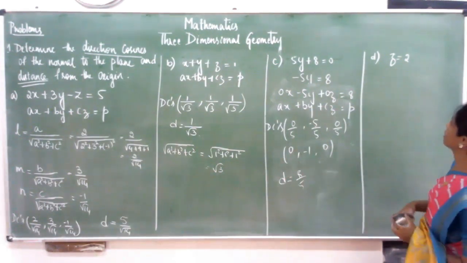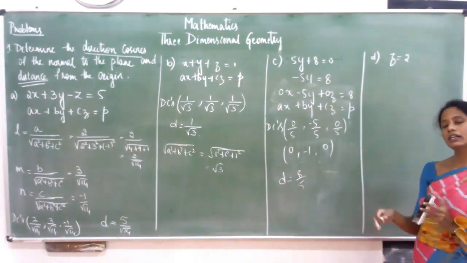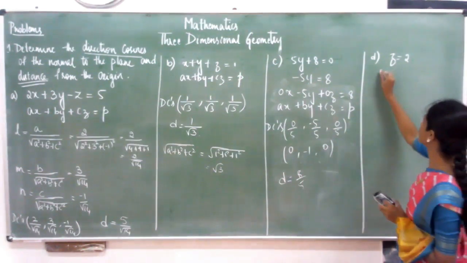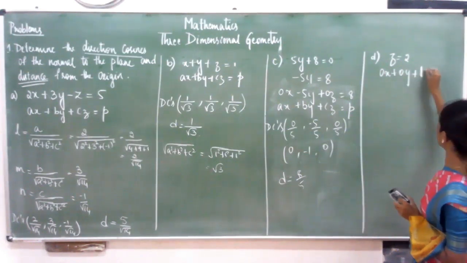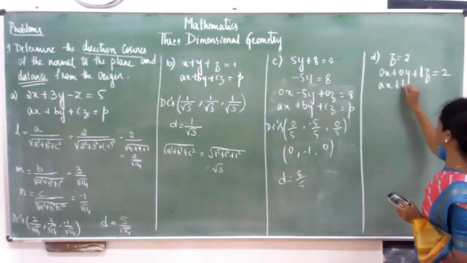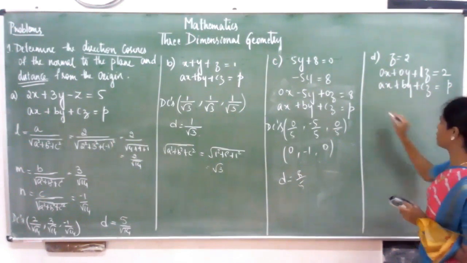Next problem, here if you see, you have only the z component. So it is understood that the coefficient of x and y is 0. Therefore, you can write it as 0x plus 0y plus 1z is equal to 2, which is in the form of ax plus by plus cz is equal to p.